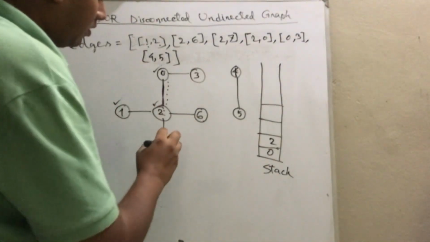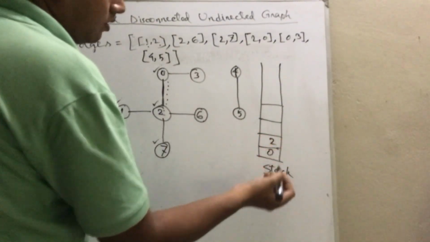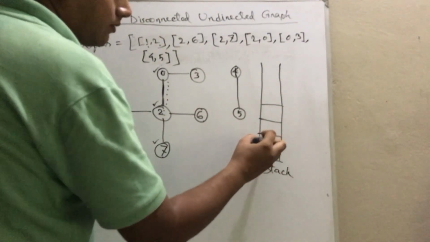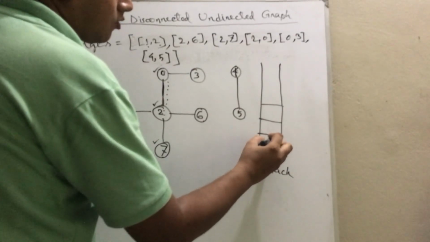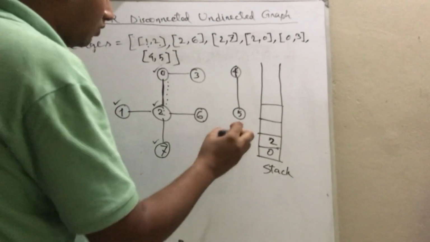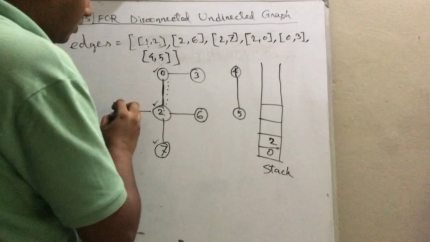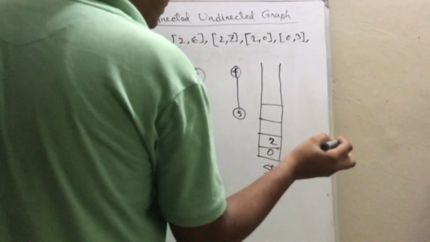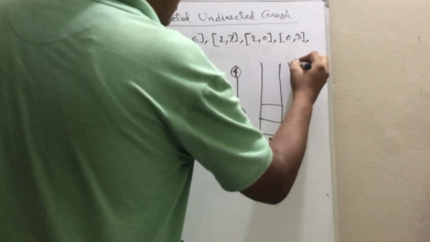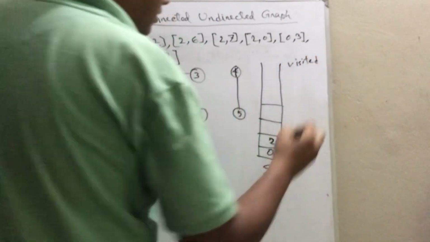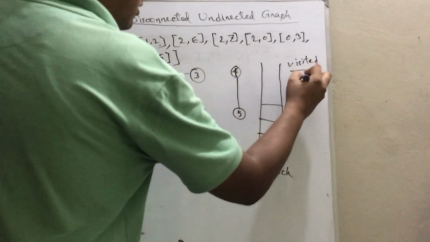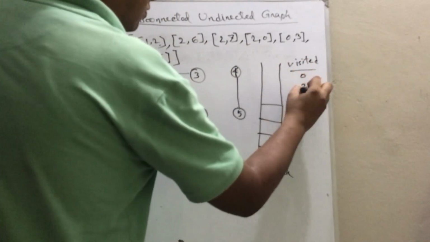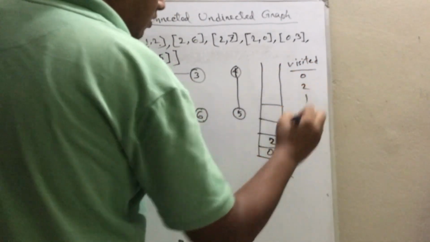1 is done. Who is the stack's top? 2. What is the neighbor of 2? 1 is already visited. We know 0, 2, 1 are visited.